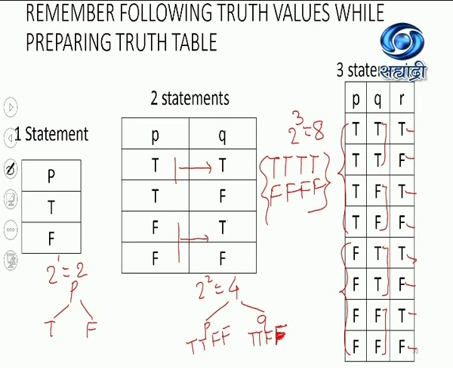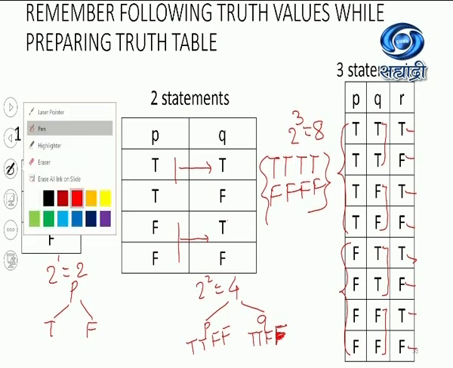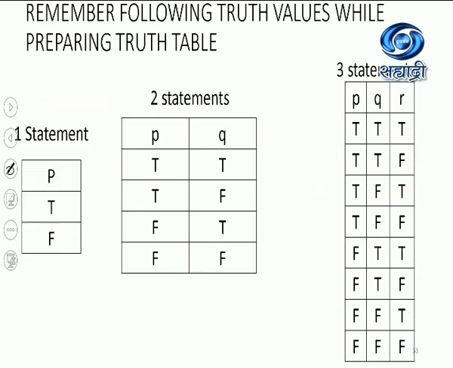Depending upon whether the statement pattern includes 1, 2 or 3 statements, accordingly the truth table will also have these combinations of truth values. I would insist that you use these truth values by default for the columns of the prime components P, Q, R in any given statement pattern's truth table.